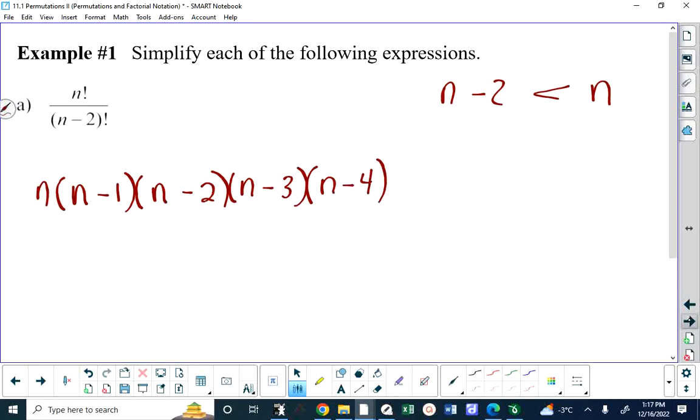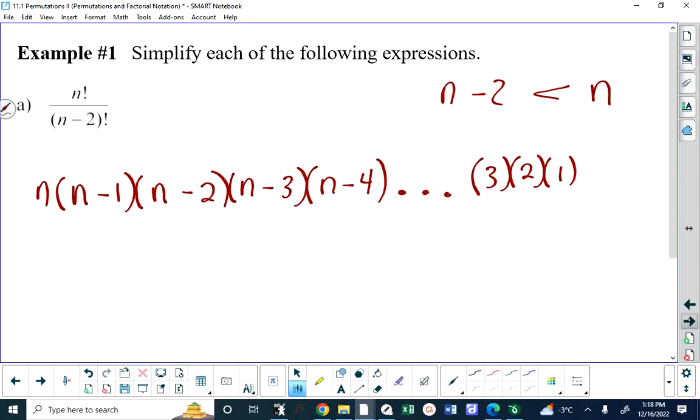They're decreasing by 1 each time. But then eventually, however big n is, eventually it's going to decrease down to the number 3, and then 2, and then 1. And you might argue or question, why do we need to do this? And why do we need to write 1? I suppose you don't need to, but I like it to be complete.